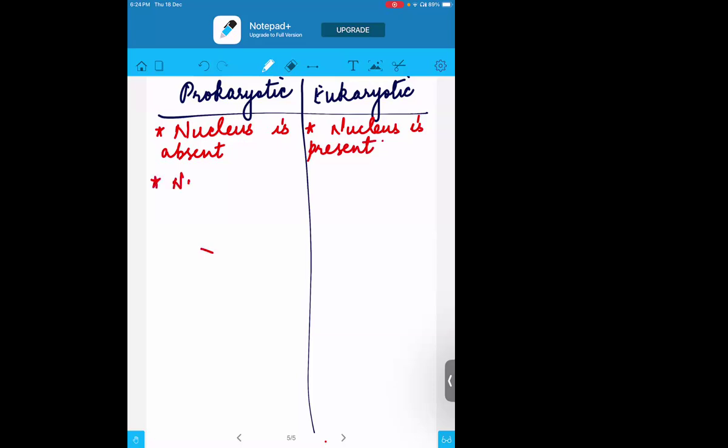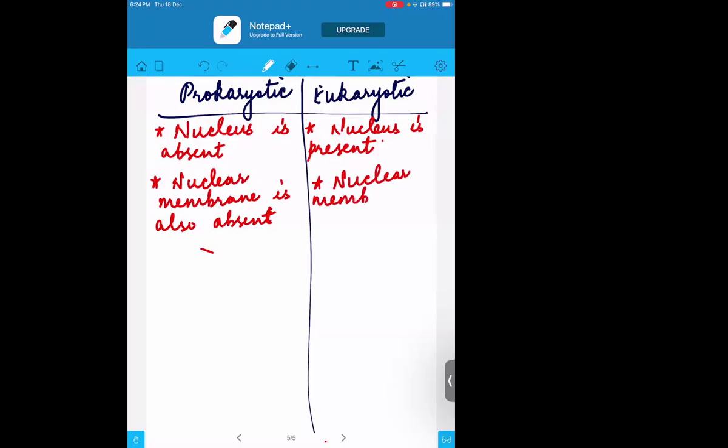Second difference: in the prokaryotic, if the nucleus is absent, the nuclear membrane is also absent. Whereas in the eukaryotic, the nuclear membrane is present.